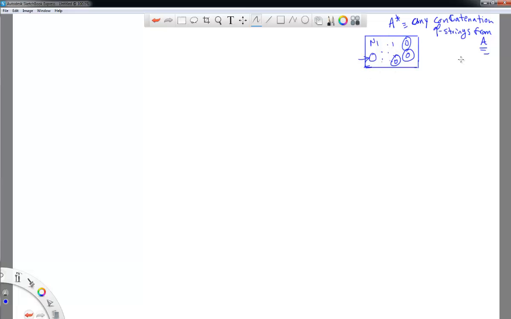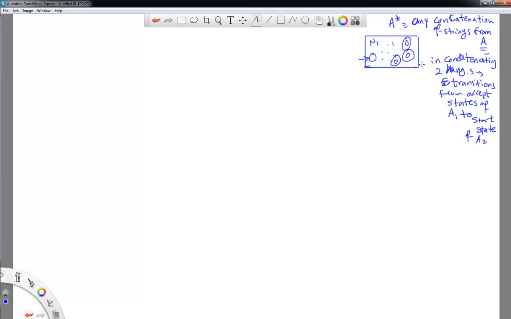Remember, when concatenating two languages, what we did is that we had epsilon transitions from accept states of A sub 1 to the start state of A sub 2.